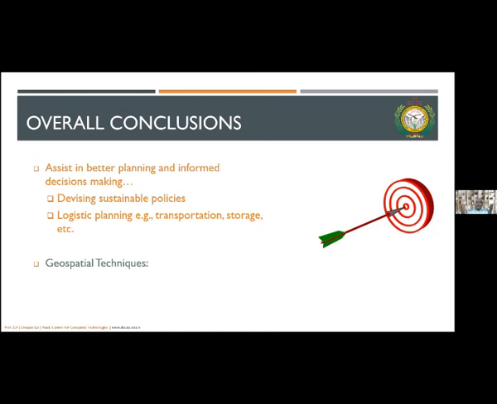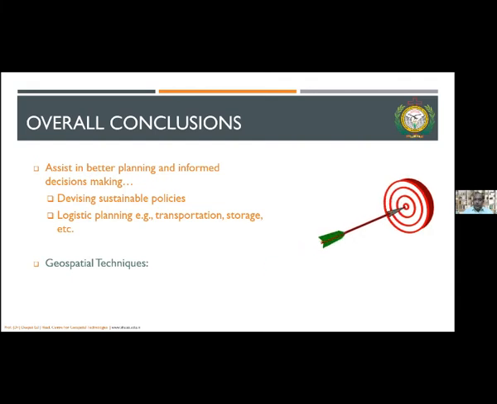If you look overall at this presentation, yes, I have emphasized the importance of using geospatial technologies, and I've shown you the results and the information that you can get from them.